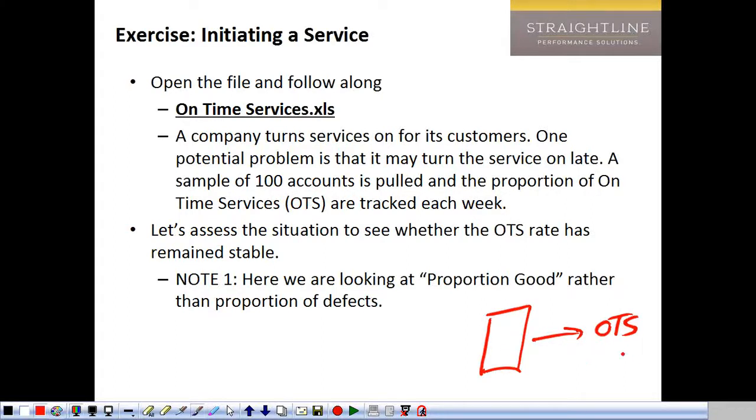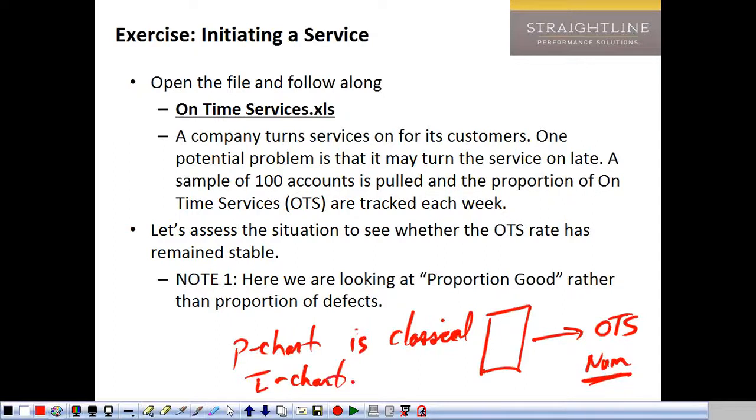So that's what OTS is. And that is a num. We'll see the difference when we look at this. Now, classically, this would be done in a P chart. P chart is classical. If you go through that control chart picker and you want to, you'll find it. But we're going to use my chart, which I think will be very helpful.